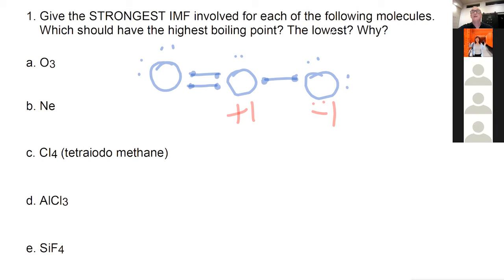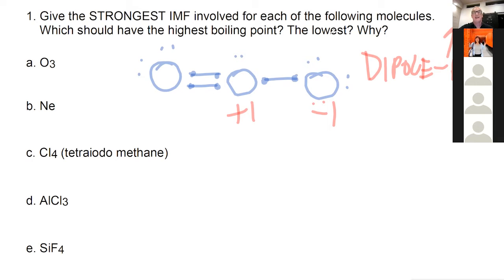You would think it would be ionic, but basically it's an extremely high dipole. Unlike an ionic bond, these electrons involved in the charge are always moving. And so what it means is you get an extremely strong dipole, so you would have very, very strong dipole-dipole interaction.